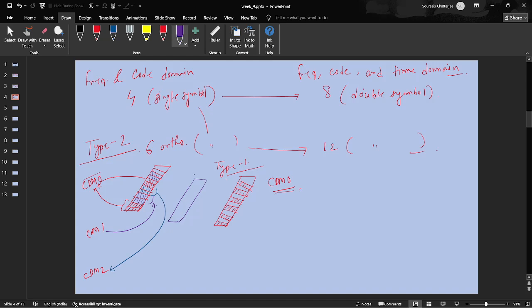So let's say this is type 2 for CDM0, and CDM0 basically I am seeing two neighboring subcarriers, and again we'll skip that, and here.